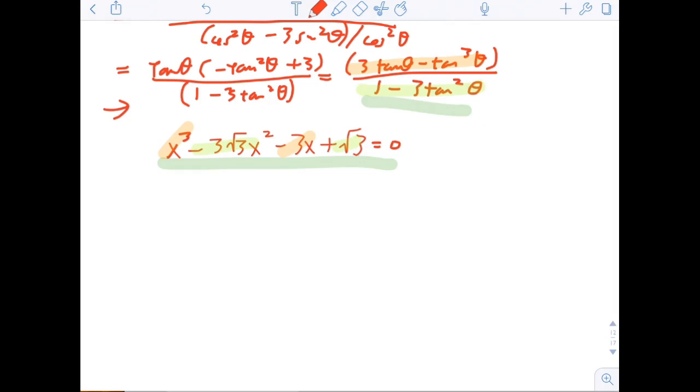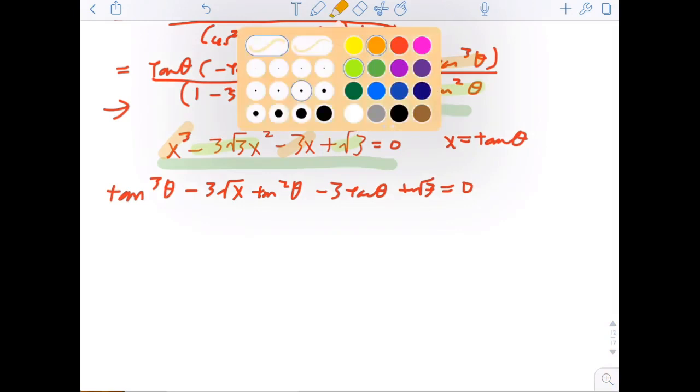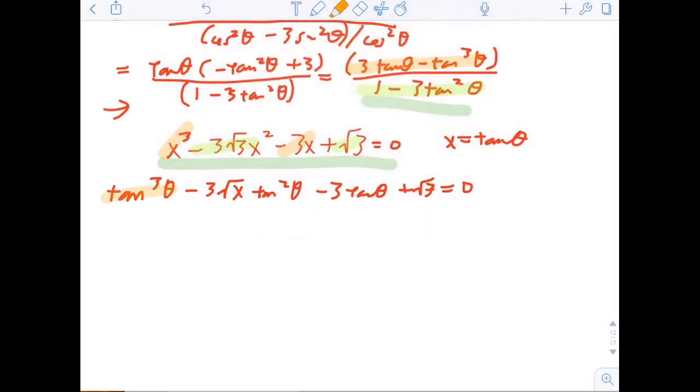So if we know that x equals tangent of theta, then we could write this as tangent cubed theta minus 3 square root of 3 tangent squared theta minus 3 tangent theta plus square root of 3 equals 0. And first thing we're going to do, we're going to take the orange terms, this one and this one, and we're going to subtract it over to the right side.